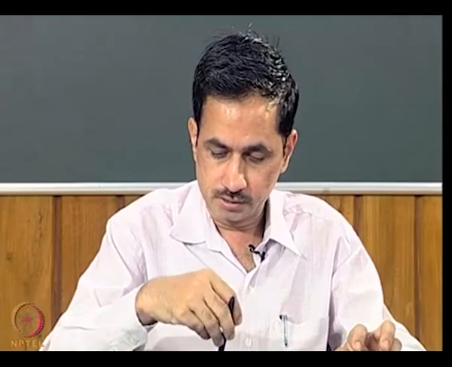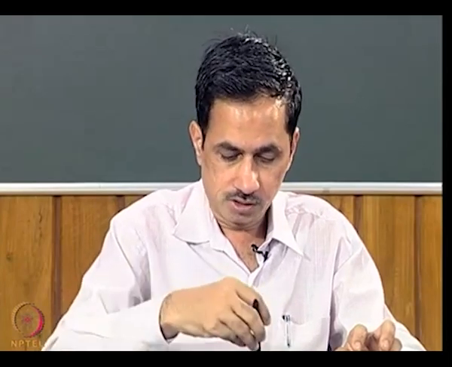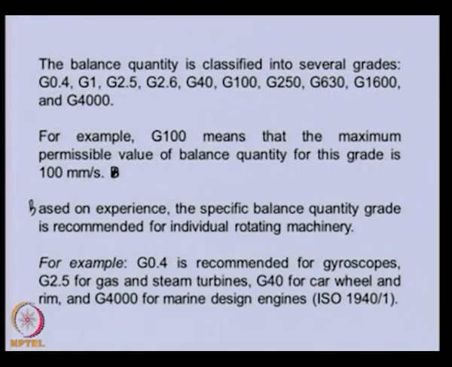Based on experience, a specific balance quality grade is recommended for individual rotating machinery. For example, G 0.4 is recommended for gyroscopes, which require very high precision, G 2.5 for gas and steam turbines, G 40 for car wheels or rims, and G 4000 for marine engines, in which a lot of vibration can be tolerated.